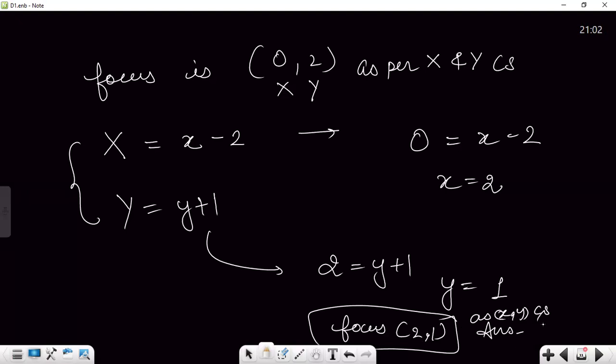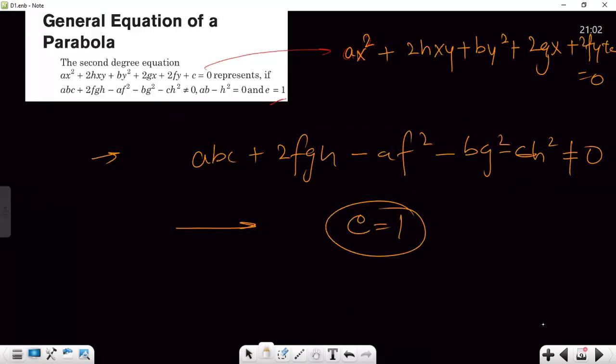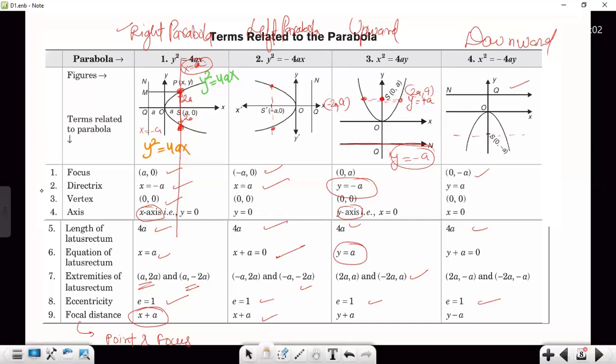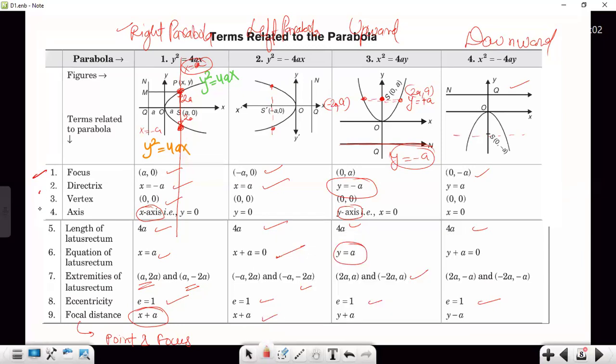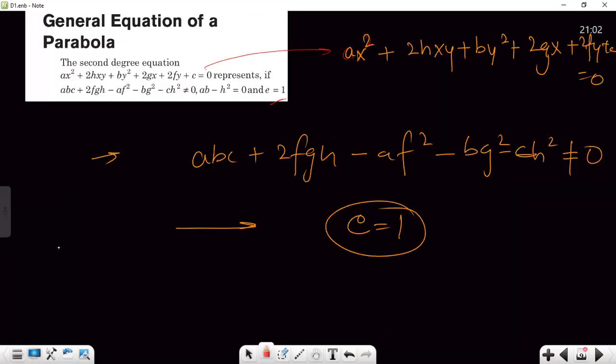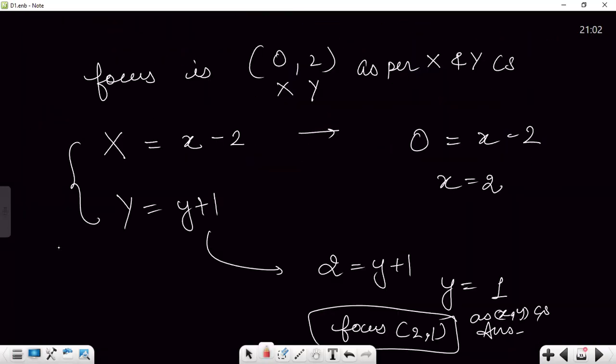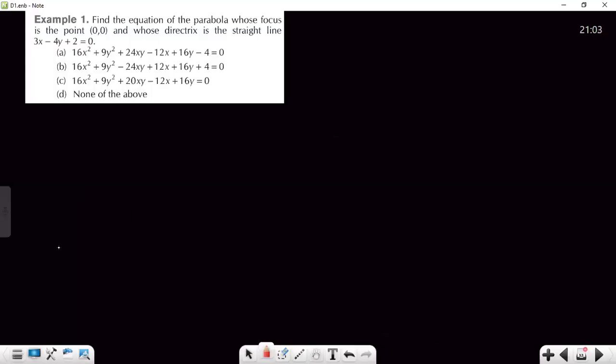Is this clear? Say yes or no. Yes, sir. What's important are these values. I'm not asking you to cram everything, but please understand each and everything and revise it often. This is how we can solve all the questions regarding parabola.